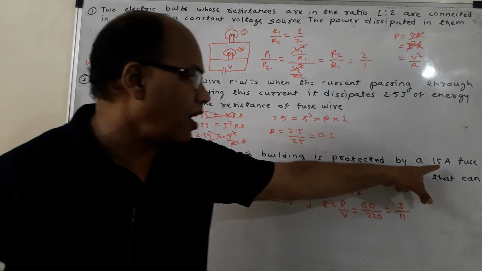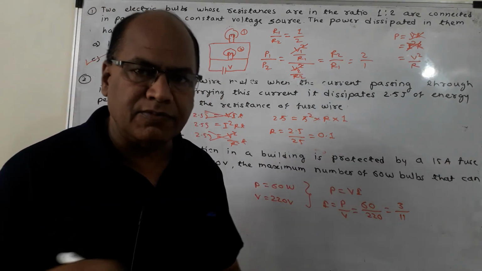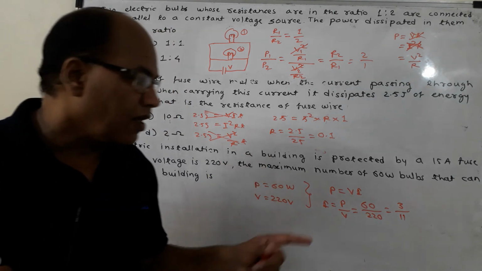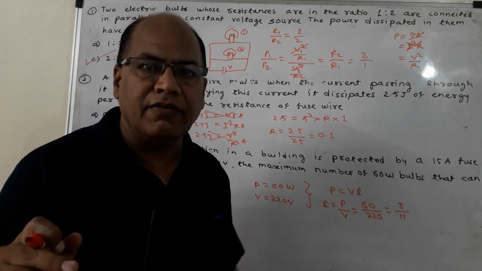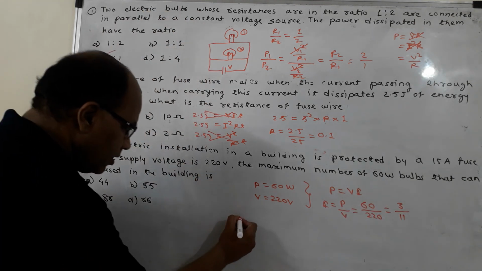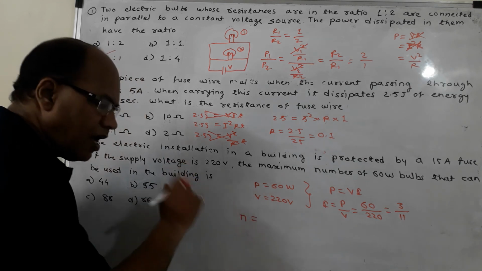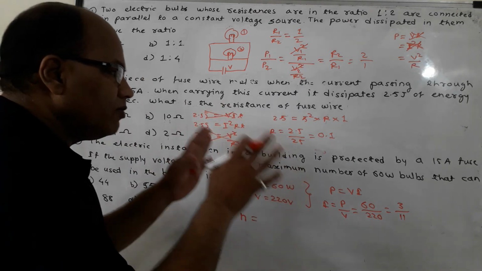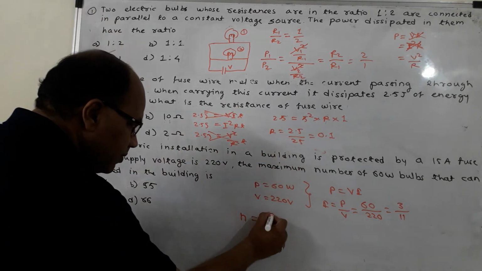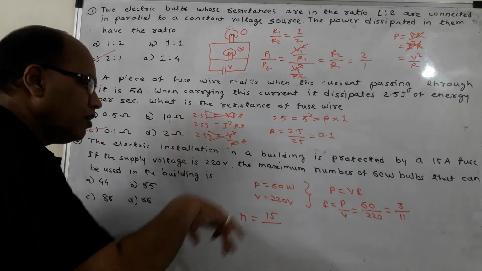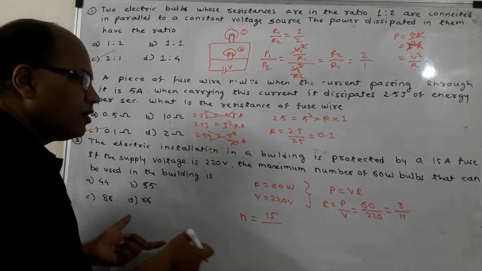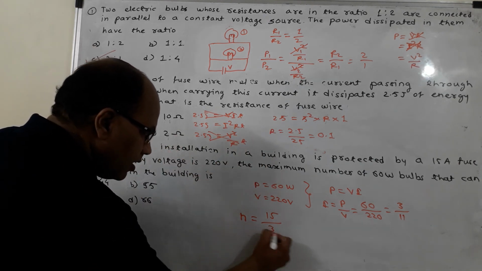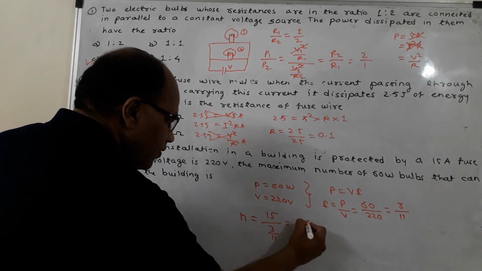But again, the fuse has a capacity of 15 amperes, meaning the maximum current which can pass through the fuse is 15 ampere, whereas each bulb requires a current of 3 by 11 amperes. Therefore, if n is the number of bulbs, it can be obtained as the capacity of the fuse in amperes, that is 15, divided by the current required for each bulb to deliver a power of 60 watt, which is 3 divided by 11, and this is equal to 55.